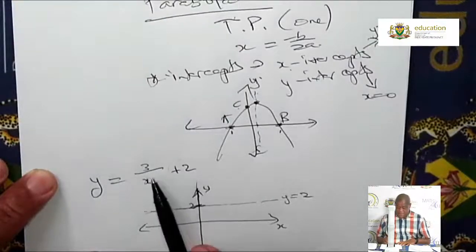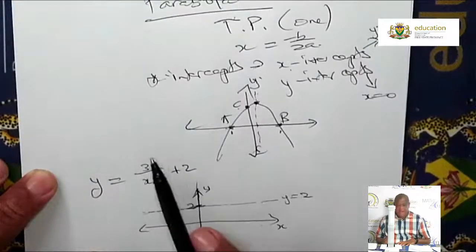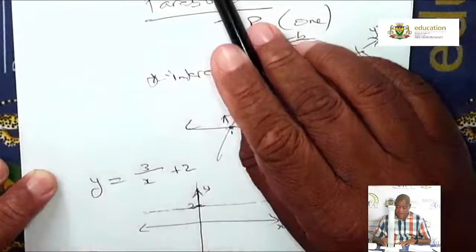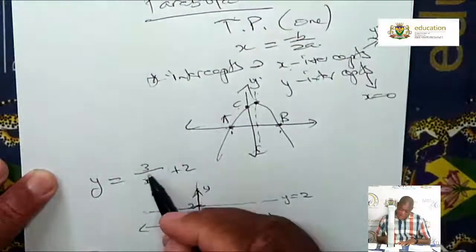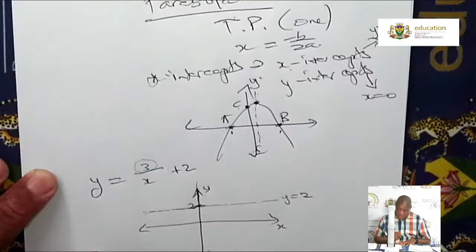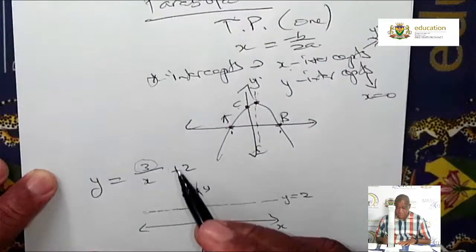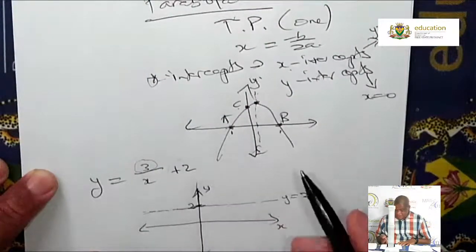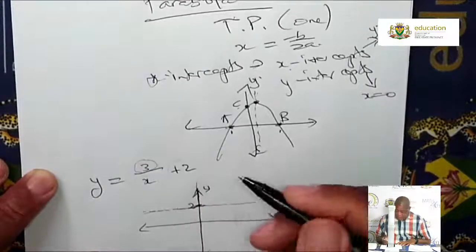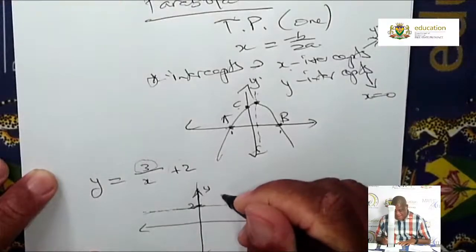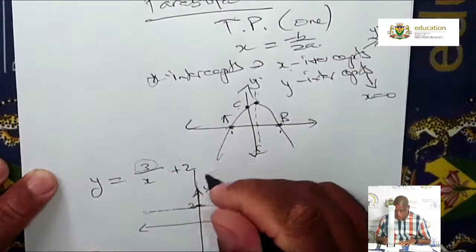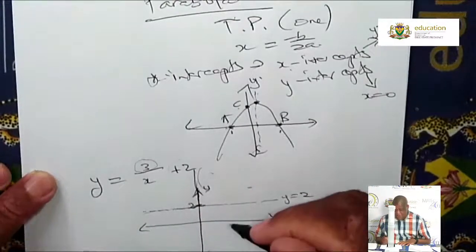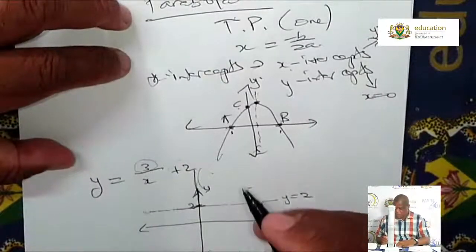Then I must get the arms, because a hyperbola must have 2 arms. Looking at the positive, one arm is on the first quadrant, whilst the other one will be on the fourth quadrant.